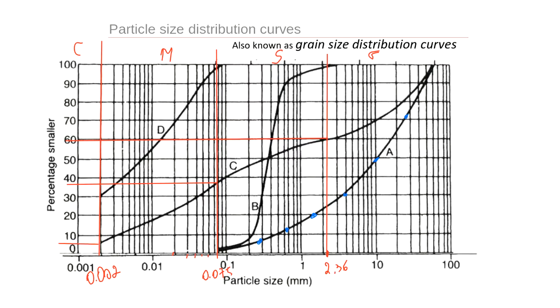Okay, so you see what I did, I just looked at the percentage finer for those points. You see I have a point here. It's the point where this boundary 2.36 crosses the curve, then the second boundary crosses the curve, and the third boundary crosses the curve. So we'll try to estimate it as accurately as possible.